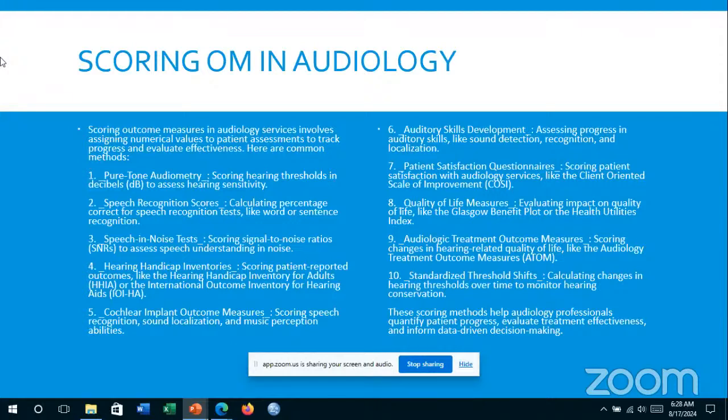Speech in noise test, this is a signal to noise ratio scale. It helps to assess speech understanding in noise. You can score through hearing handicap inventory. This scoring will help to report the hearing handicap level of an individual. So cochlear implant outcome measure also scores speech recognition, sound localization, and music perception.